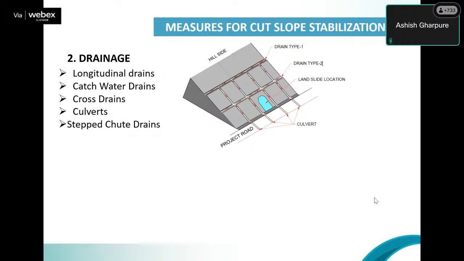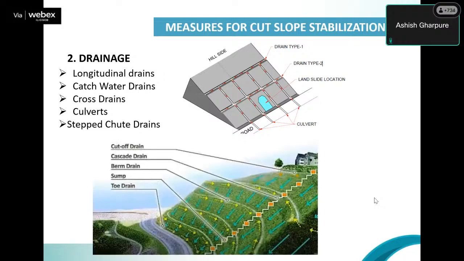So one more figure is there, just to show that. We have to make an arrangement of catchwater drains or cutoff drains. Then in the berms of this slope, you can have some berm drains.